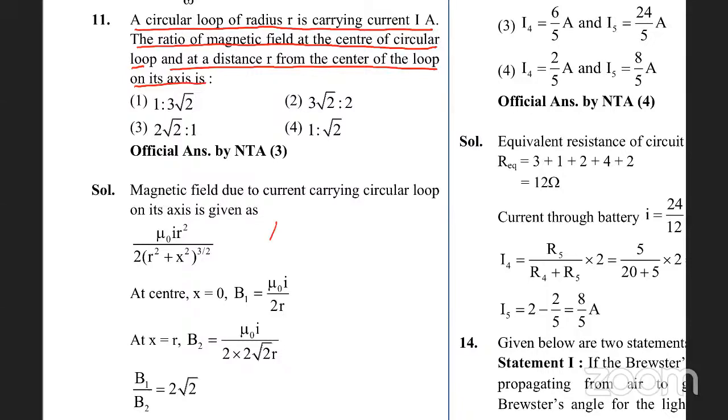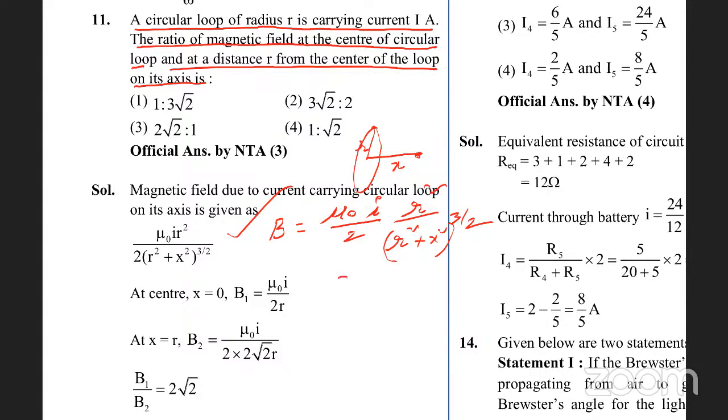We know that the magnetic field along the axis of a circular coil, at a distance x, where R is the radius, is mu naught I R square by 2 times R square plus x square whole to the power of 3 by 2. So apply this formula.